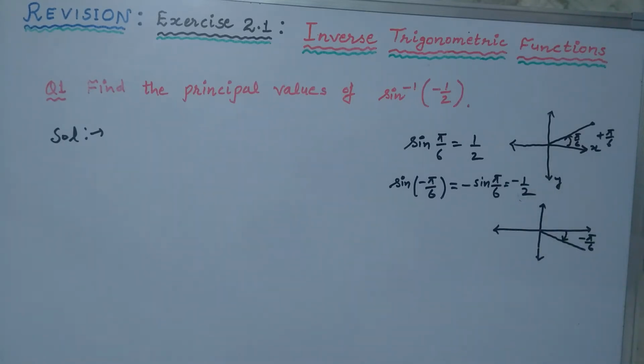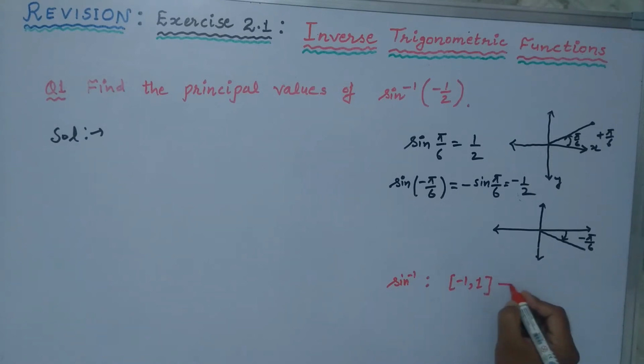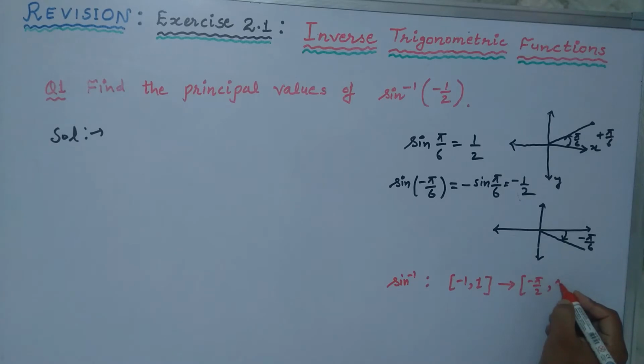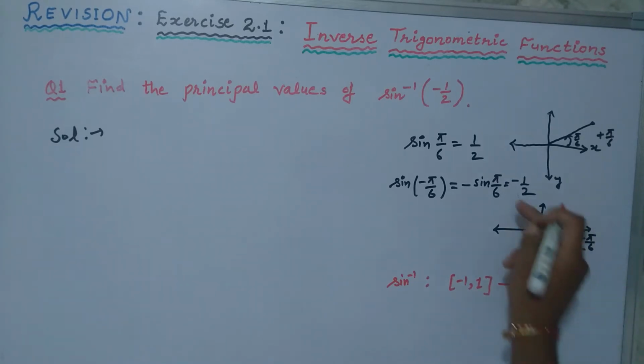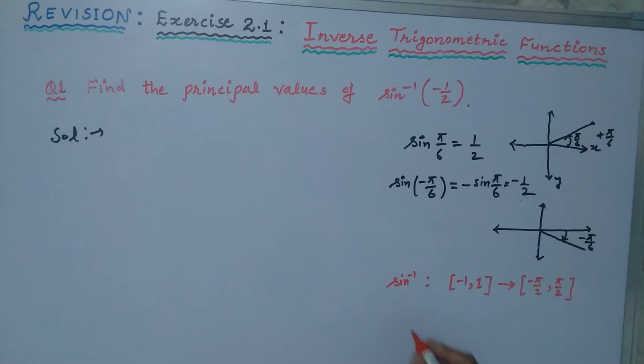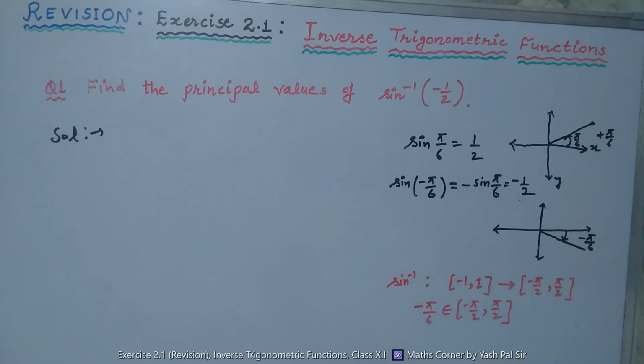Now what do we know about the domain and range of sine inverse function? Sine inverse function domain is -1 to +1 and range is minus pi by 2 to plus pi by 2. Now here this minus pi by 6 belongs to minus pi by 2 to plus pi by 2, right?